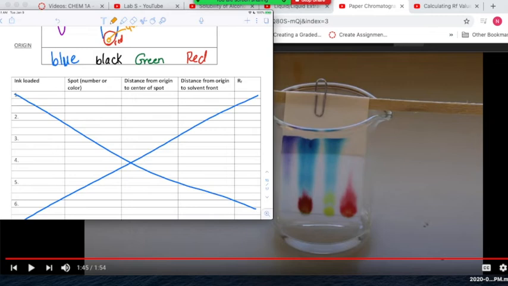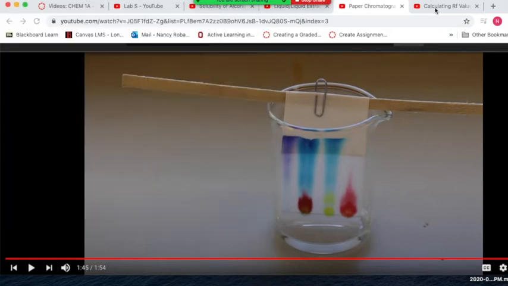So if you see a spot you don't recognize, you calculate that RF value, and you can look that up and find out what that thing is in your reaction: if it's a contaminant, if it's some reactant that hasn't reacted properly, if it is a side product, a product that shouldn't be in there. If you're doing research, that's always really important. Like, hey, did I create something new? Do I get my Nobel Prize? No, but it's always really important to know what's inside of your reaction. So I'm going to show you a video on calculating RF values.